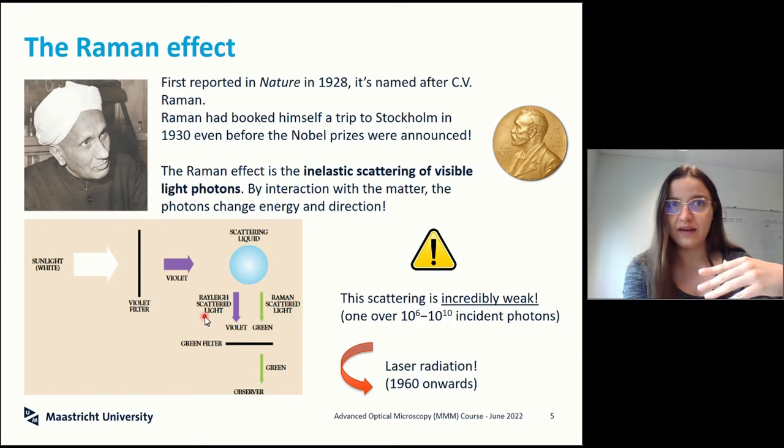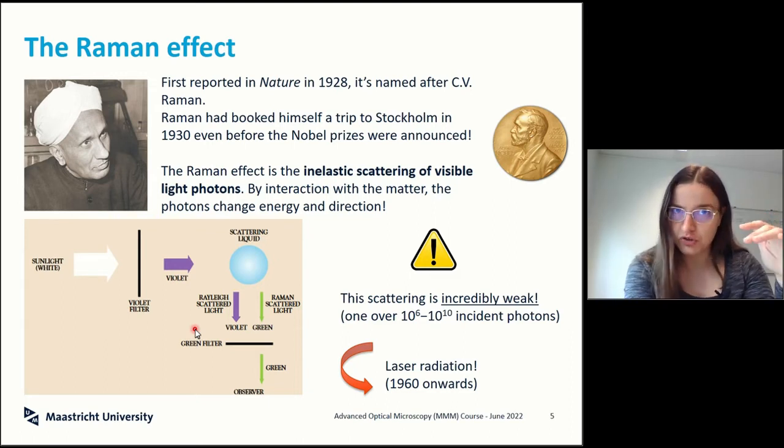Most of the scattering will actually come out unchanged, because elastic scattering is very prominent, so you collect the same energy out as the one that you inputted in, but there is a portion of the scattered radiation that comes out at a different energy level.